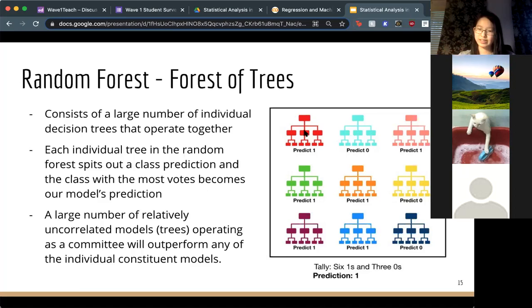Most of these are taking into account some very key issue, and because it's so important, it's going to be present in more decision trees. Most of them will keep that into account, create these questions, and spit out this answer, and that would be more likely to be the correct answer because of the trends in the data that allow it to come to this conclusion, if that makes sense.